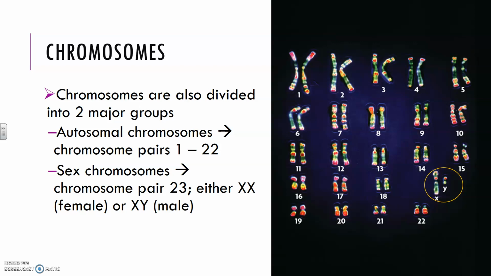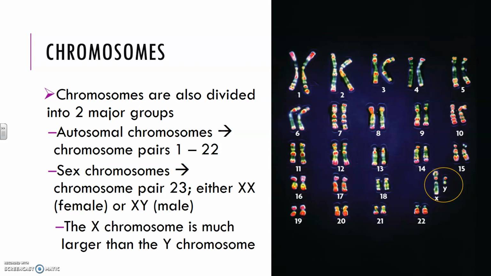And then you also have times where part of the Y gets detached from the Y and joins onto an X. So you basically have 2 X's, but you have the genes from a Y chromosome. There's a lot that can happen with these 2 chromosomes where it's not as clear-cut as XX or XY. But the X chromosome is much larger than the Y chromosome.